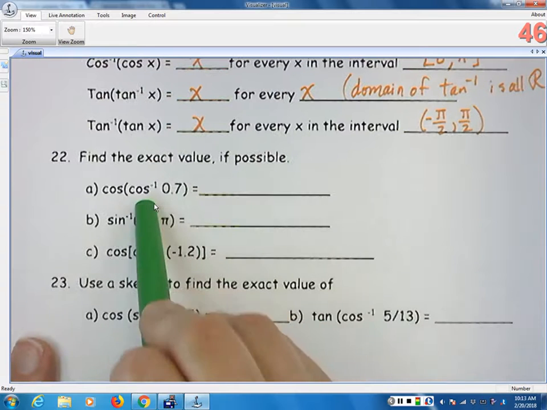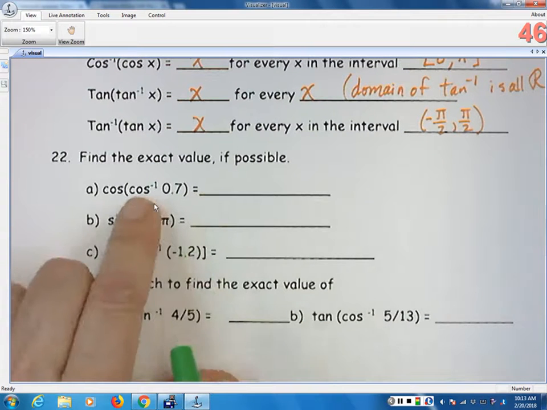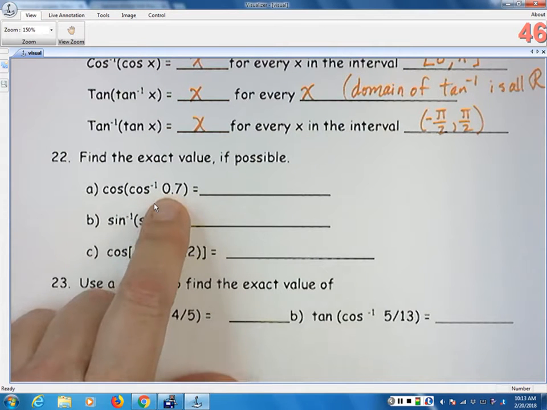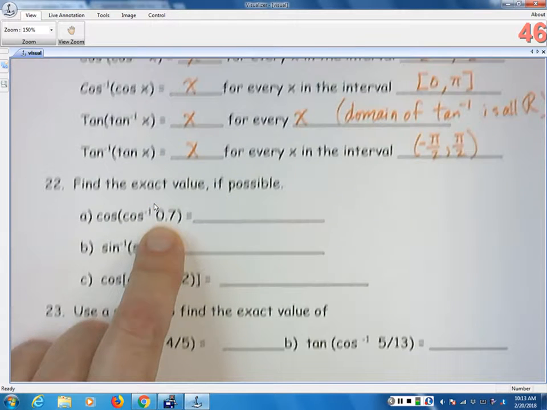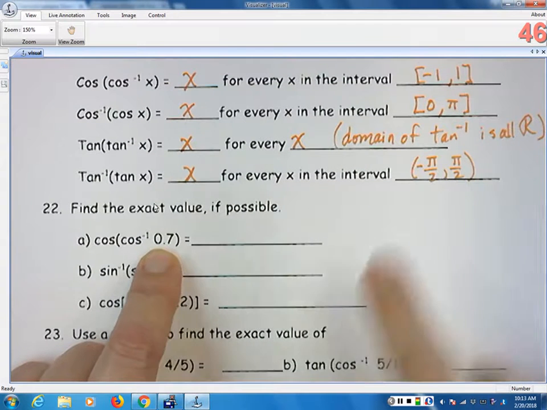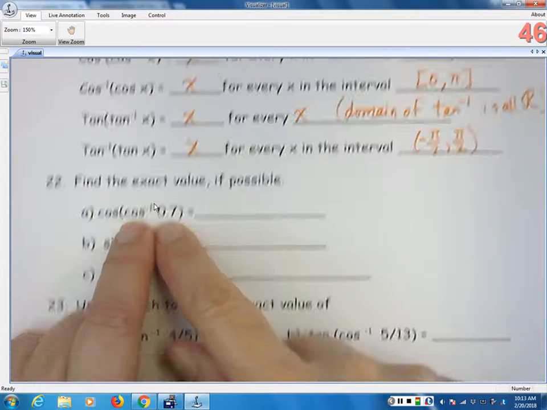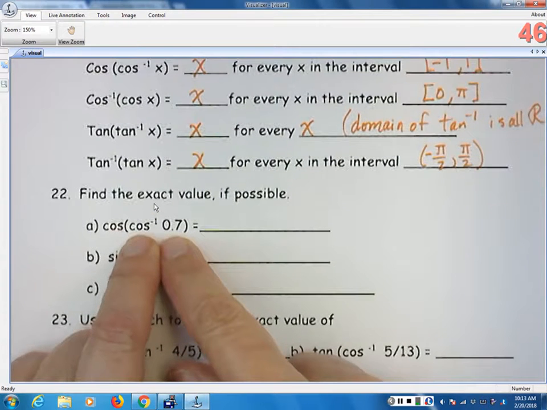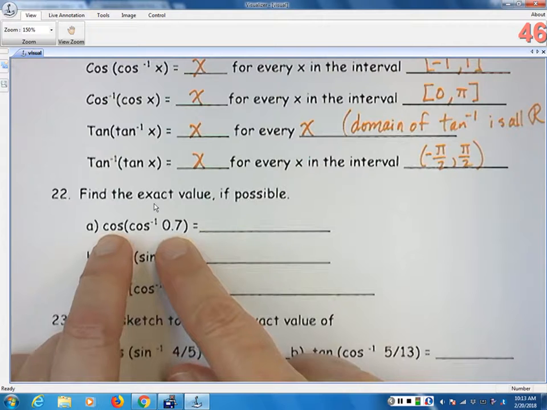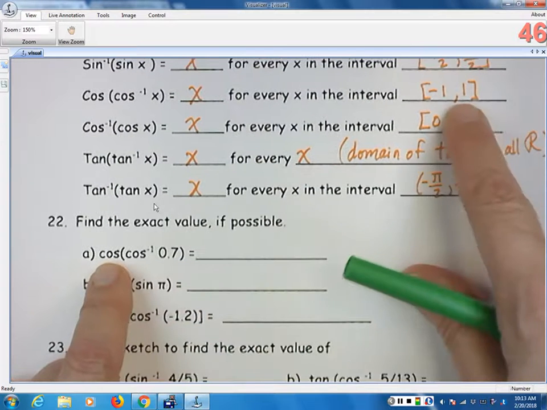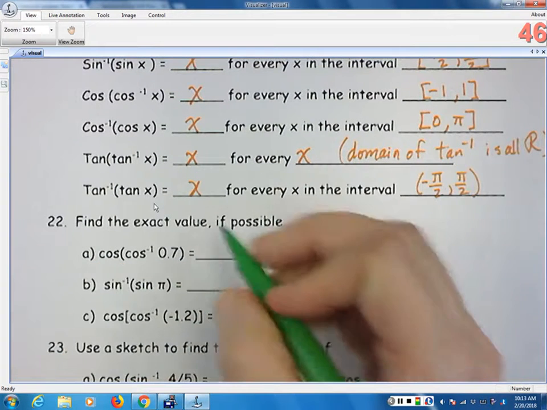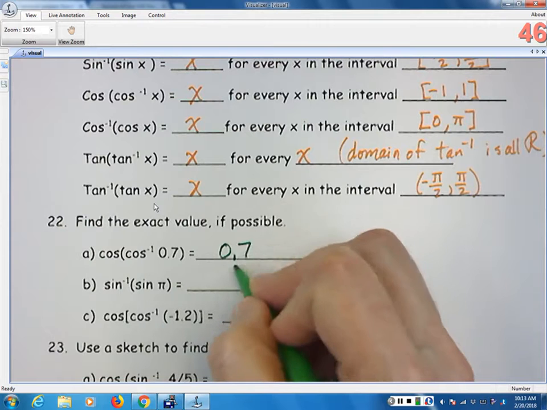If you're taking inverse cosine of 0.7, is 0.7 between minus 1 and 1? Yes. So we can do that. And then we're going to take cosine of it. Well, we're between that and that, so we're just going to get 0.7 out.